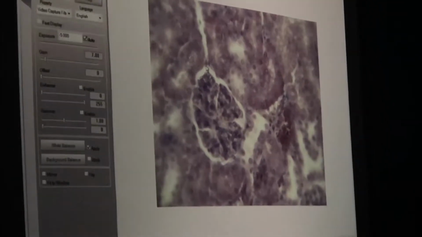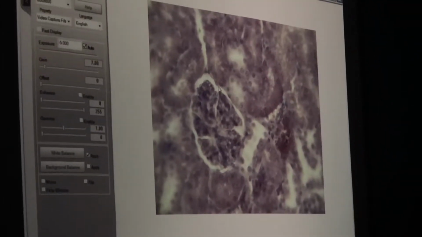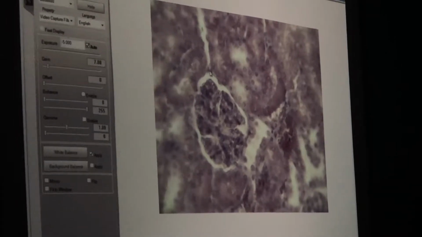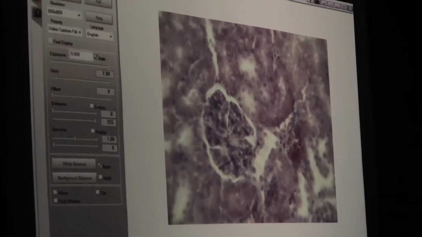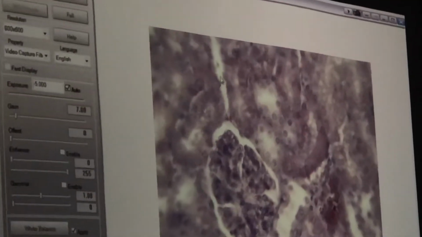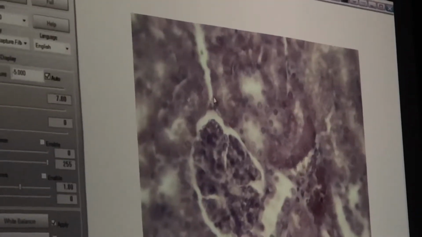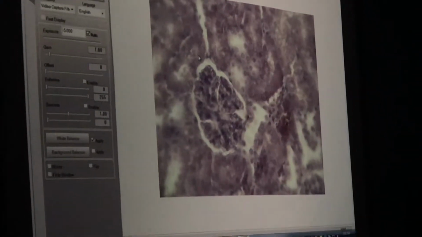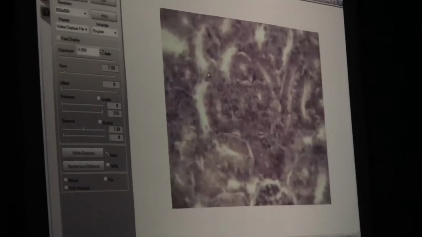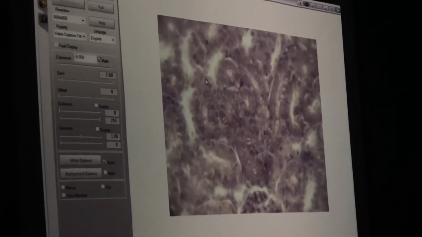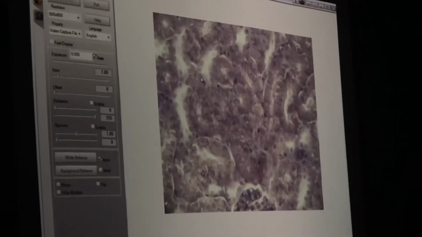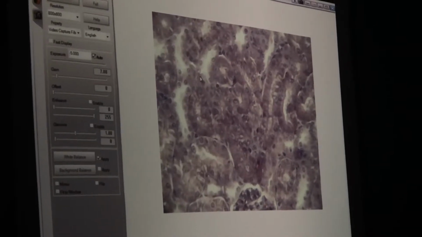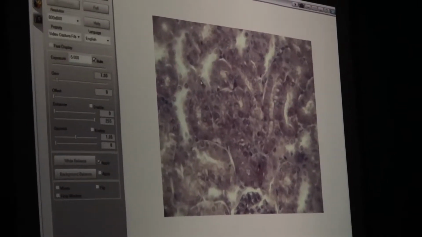Then, here you can actually see that capsular space kind of leading away. This is probably going to be a proximal convoluted tubule. But it's difficult to tell because oftentimes they're twisted. So if I look over here, I can see a whole bunch of convoluted tubules. Some of them are going to be proximal, some of them are going to be distal.